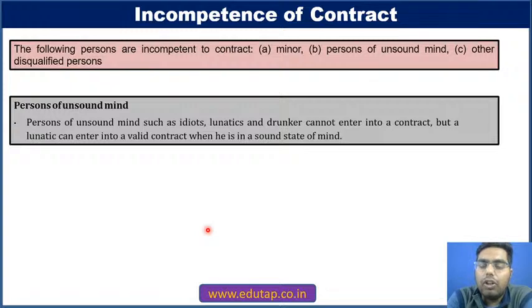If at the time of making the contract the person was not a lunatic and was not drunk, he was of sound mind, so he can make a valid contract. Otherwise, the contract will be invalid.